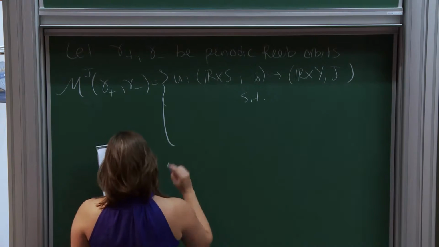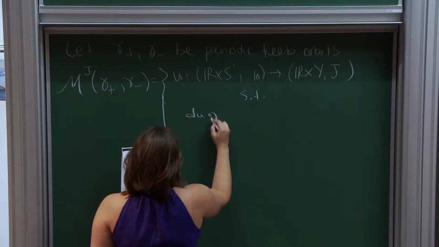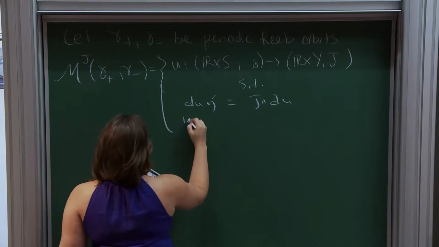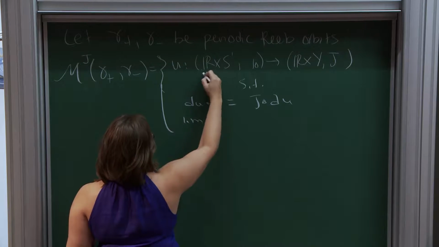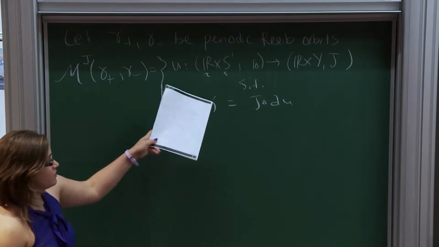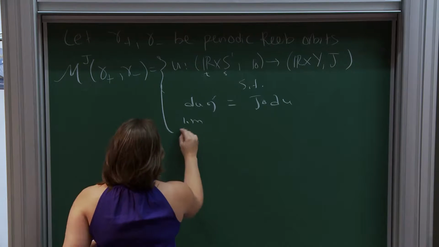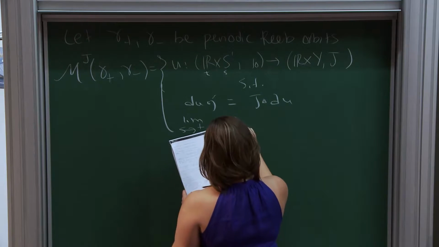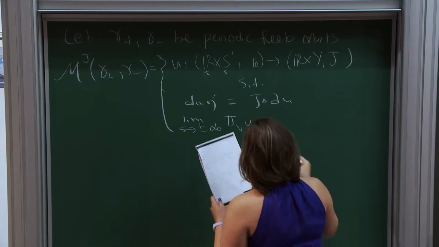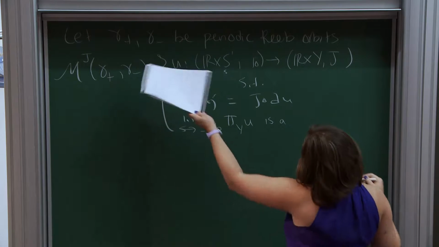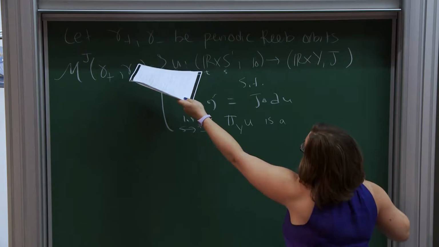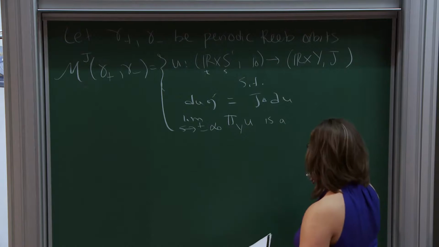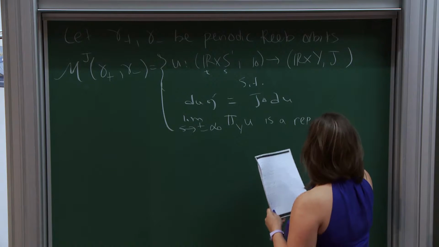And then we want du ∘ j to be J ∘ du, so we want them to be pseudo-holomorphic, and then we want the limit, so if we take R to have the t coordinate, S1 to have the s coordinate, we want the limit as s goes to plus or minus infinity of the projection of u on the contact manifold component to be a reparametrization of the Reeb orbit at γ plus if we go to positive infinity, and γ minus if we go to minus infinity.